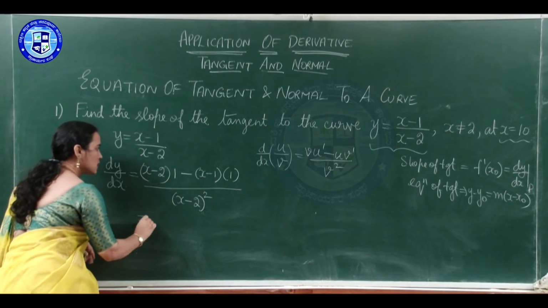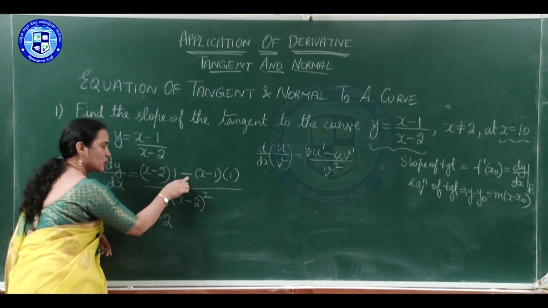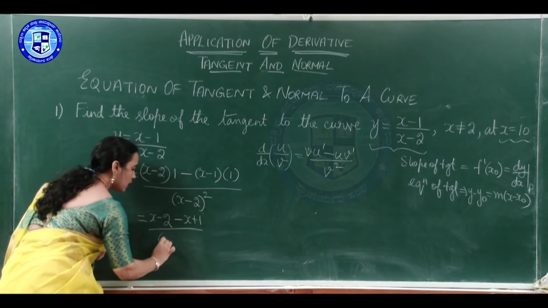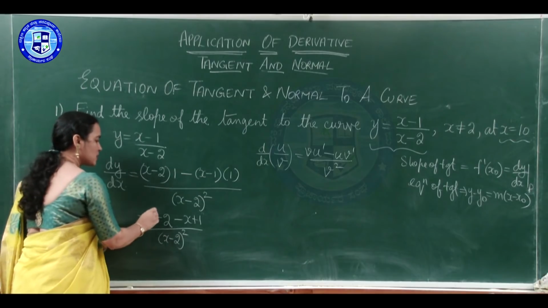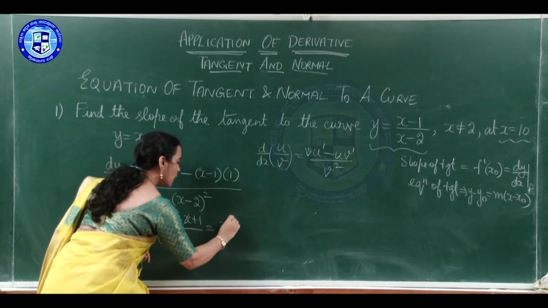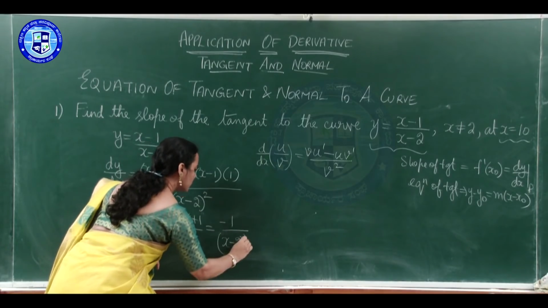Now, simplify this. For x minus 2 you have a minus outside the bracket. So, x minus 2 minus x plus 1 upon x minus 2 the whole square. x minus x will become 0, minus 2 plus 1 is minus 1 by x minus 2 the whole square.